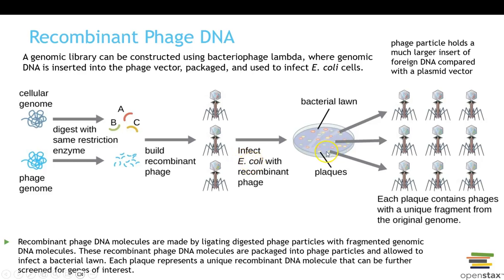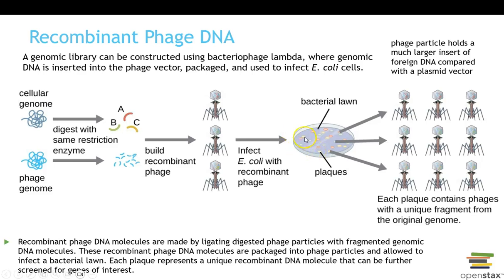Some phages are lysogenic, some of them are lytic, so it varies. For example, if it's lytic, it's gonna kill the bacteria, and it makes clear areas in the culture that they call plaques.